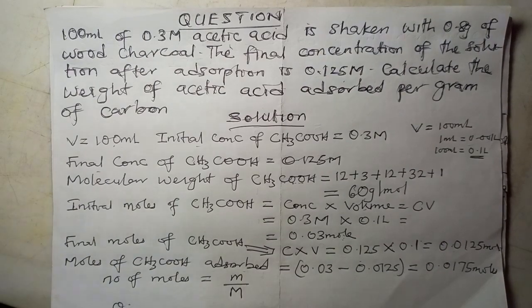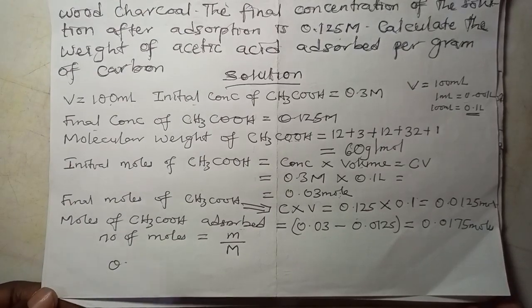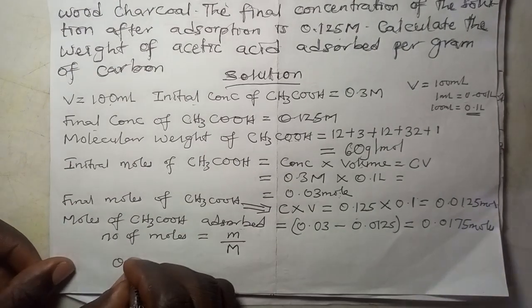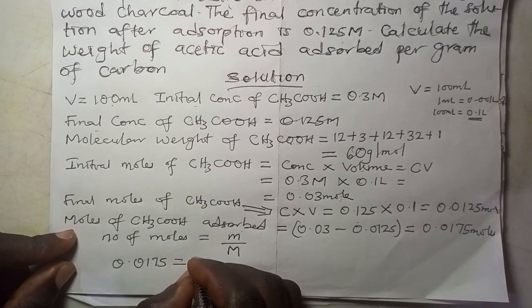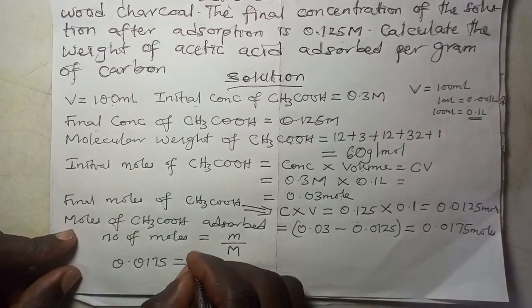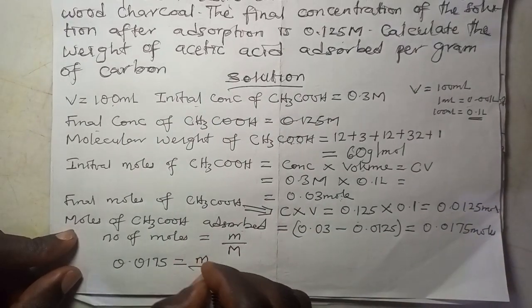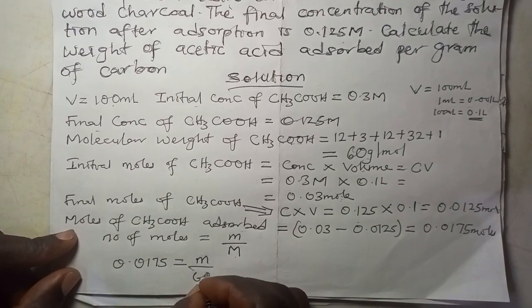So you have our number of moles to be 0.0175 is equal to, okay, they calculate the weight of acetic acid. So this is the weight, which is mass, over the molecular weight as calculated there, which is 60 gram per mole.